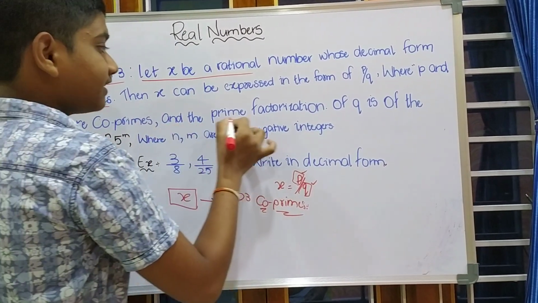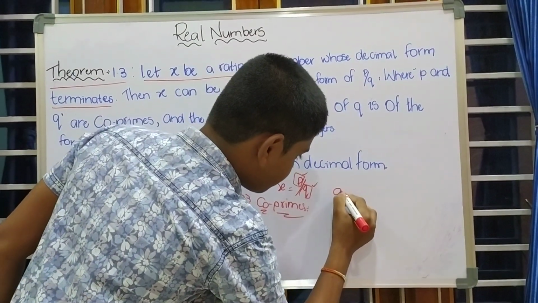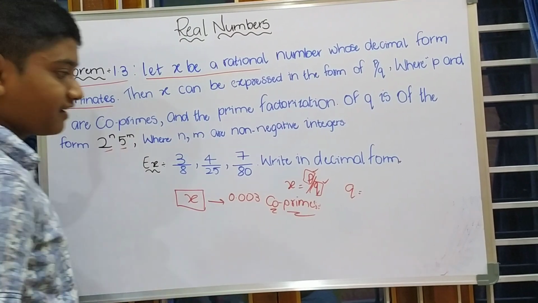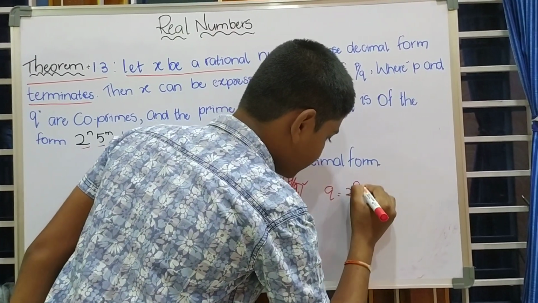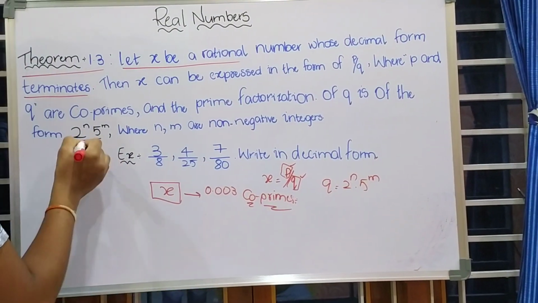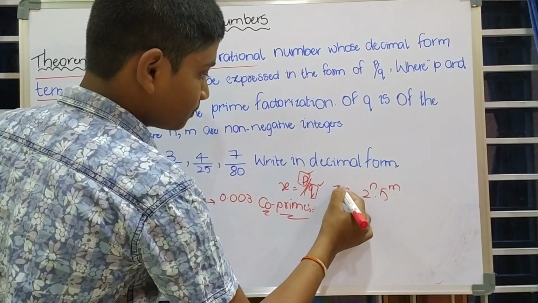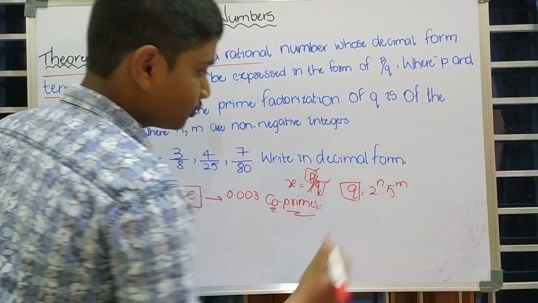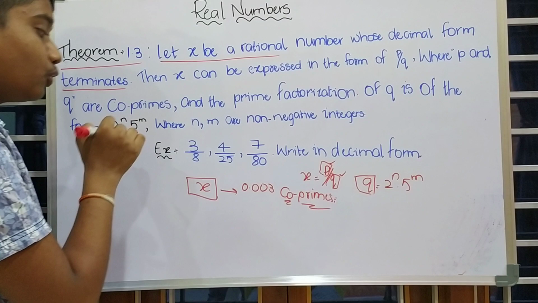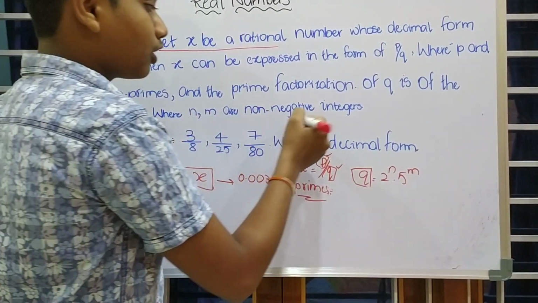Next, the prime factorization of q. Here q is the denominator. The prime factorization of the denominator q is of the form of a product of powers of 2 and 5, that is 2 power n and 5 power m, where n and m are non-negative integers.